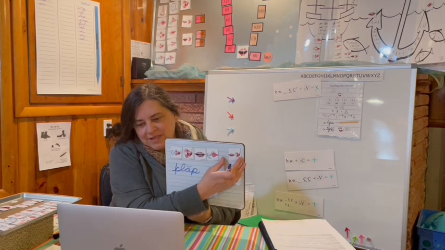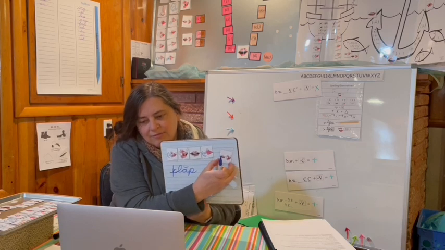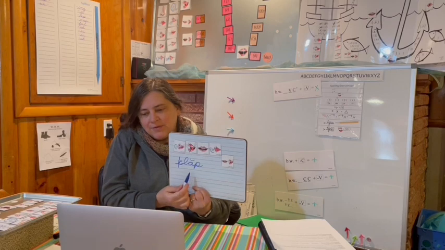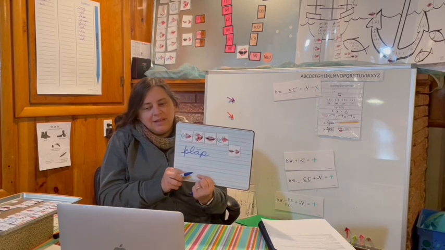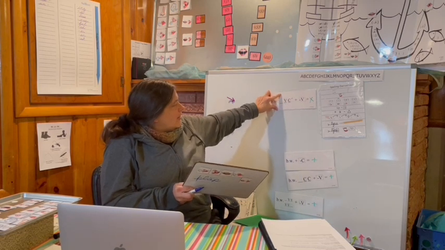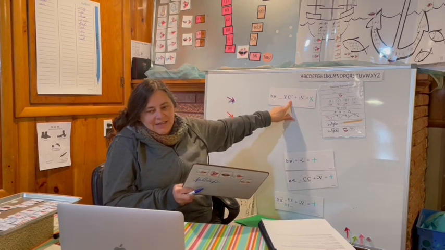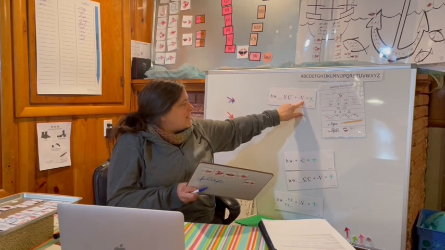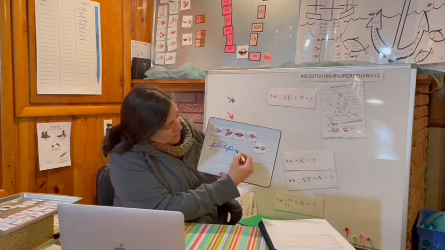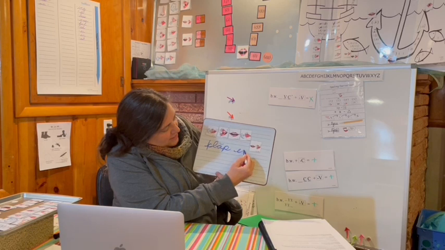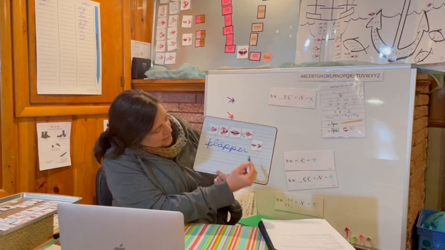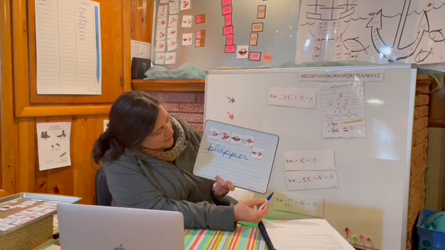Now I have a vowel suffix I want to add. We have to make a decision. If we add a suffix, we have to ask ourselves what's in the base word. In this case, I've got a single vowel and a single consonant. And I'm adding a vowel suffix, so I need to double my consonant. I've got ER, my vowel suffix. Put an extra P in there.